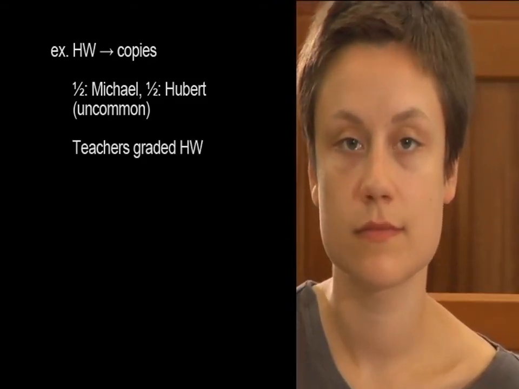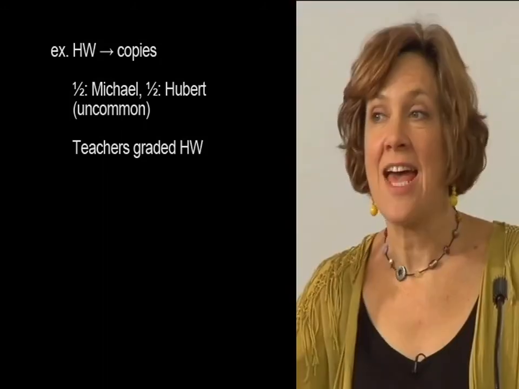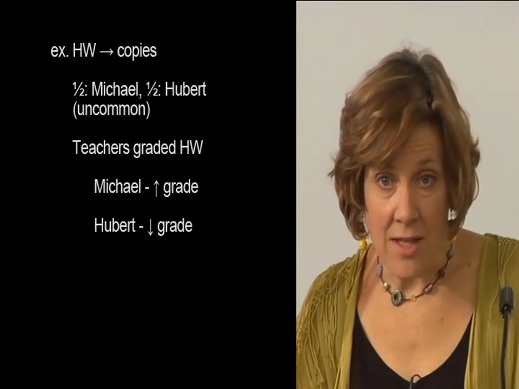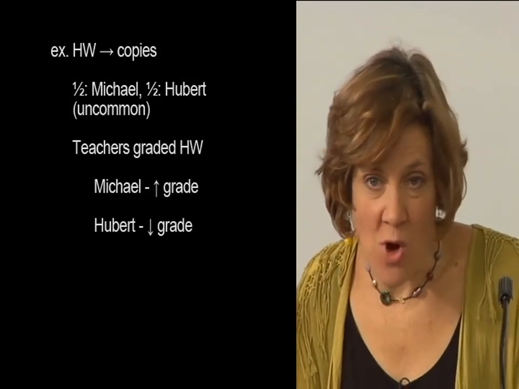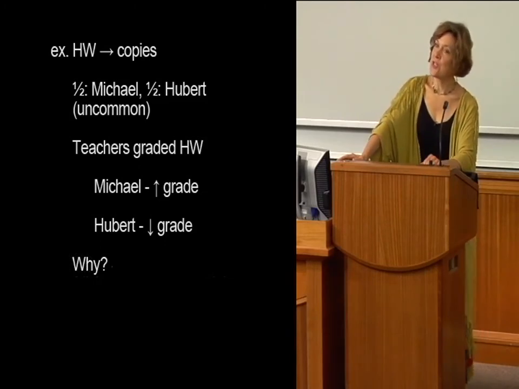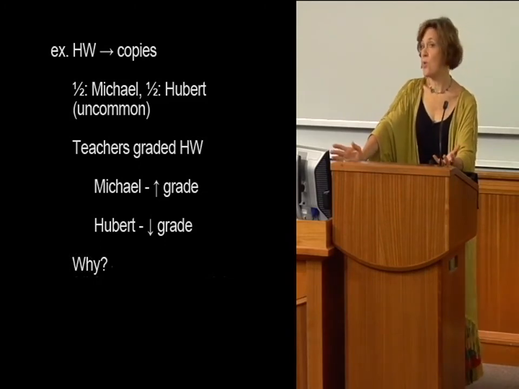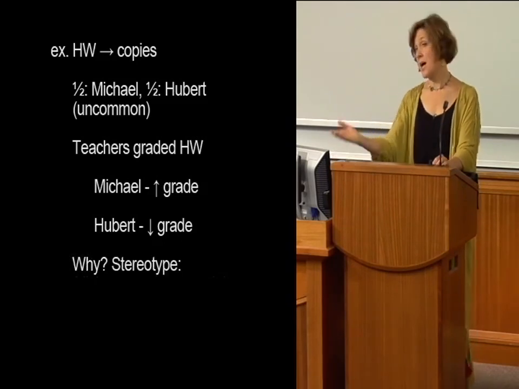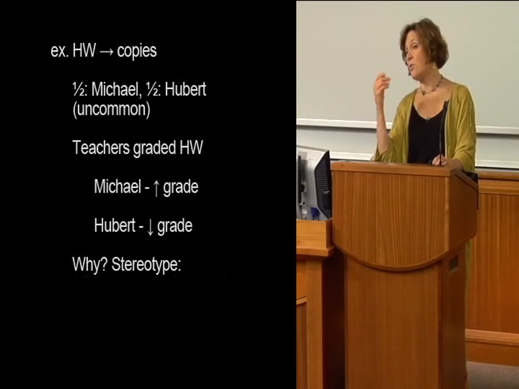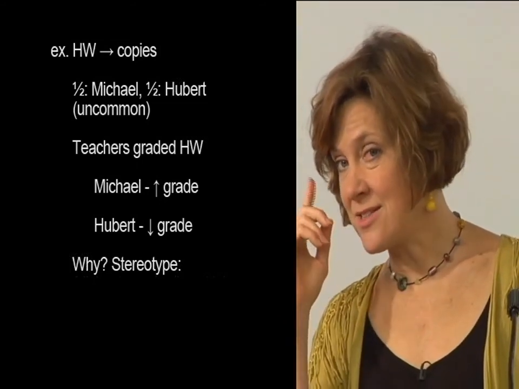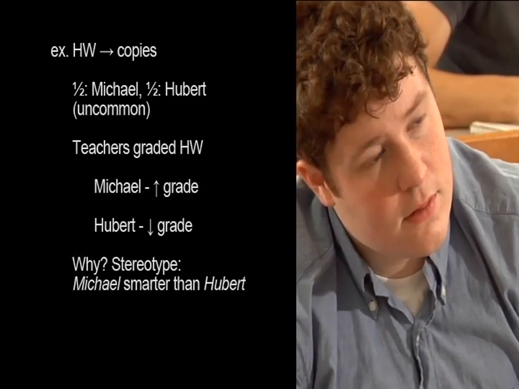The teachers gave Michael high grades and Hubert much lower grades. Why? It was the same homework, wasn't it? The researchers concluded that the name Michael had to be the only factor. It appeared that teachers held a stereotype that a boy named Michael was smarter than a boy named Hubert. As a result, they gave Michael higher grades.